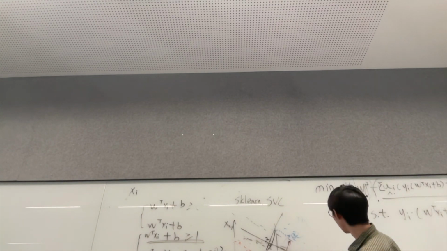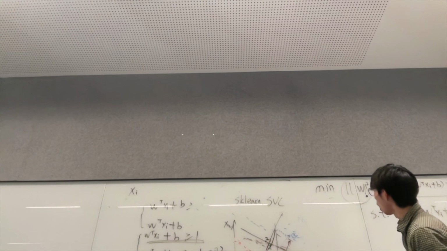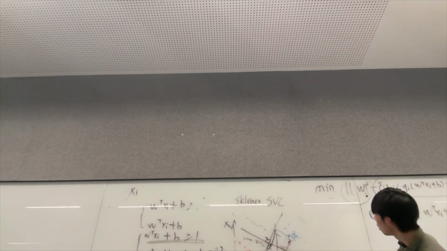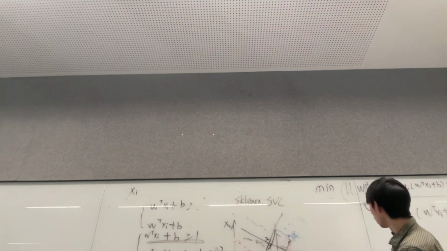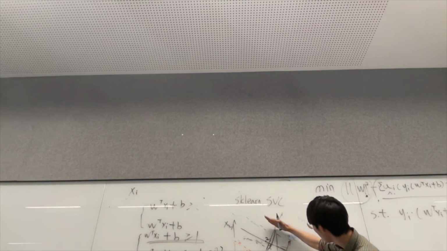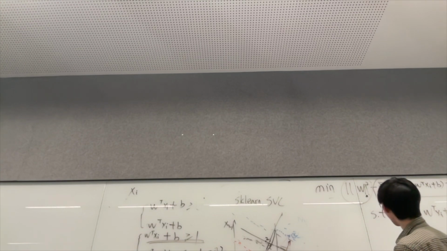If you say here, I have an example here. This is an outlier. How can you avoid your model fitting to this outlier? You do some relaxation. You don't want to say, okay, this is W transpose X plus B equal to 1. I don't need it to be equal to 1. I can just say if it's less than 0.2, it's okay.